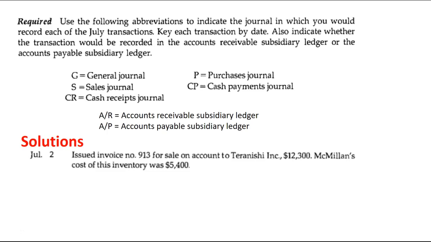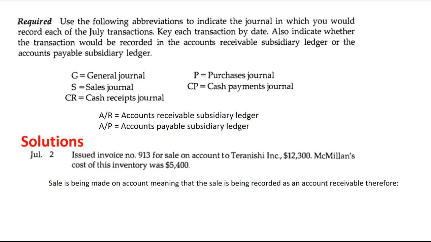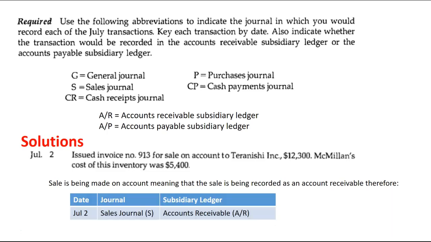What we learned from this is that the sale being made on account means that the sale is not being done in cash, which means we're going to create an accounts receivable. So therefore, the response to this would be sales journal, or an S, and accounts receivable subsidiary ledger. Because again, we're creating a sale on account, and since it's on account, we won't be collecting the cash, therefore we need to create an accounts receivable subledger on it. So that's how the first one looks.